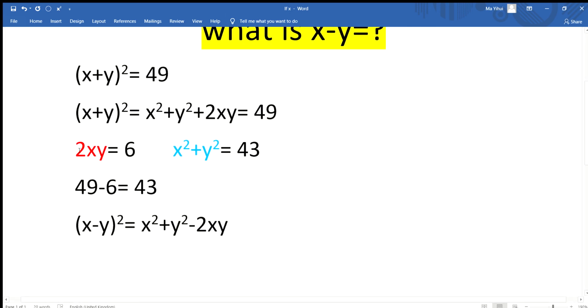Now remember we got the values of 2xy and x squared plus y squared.